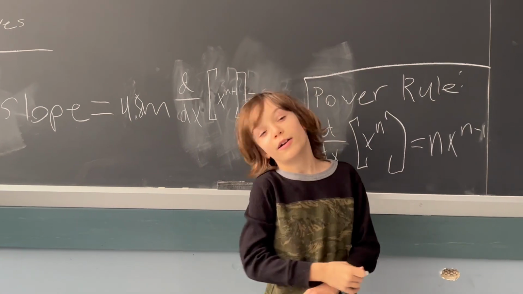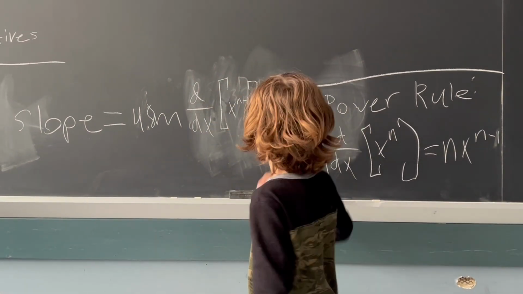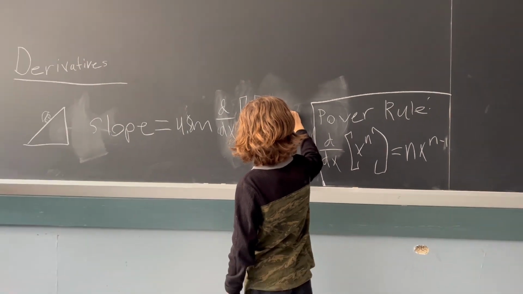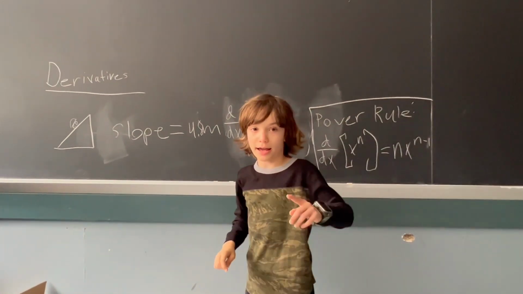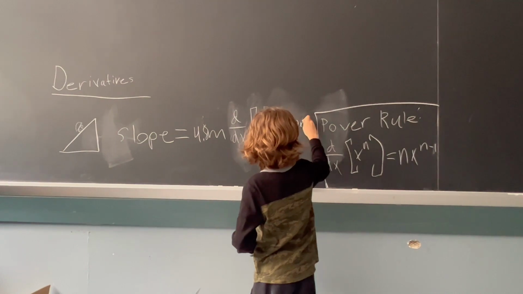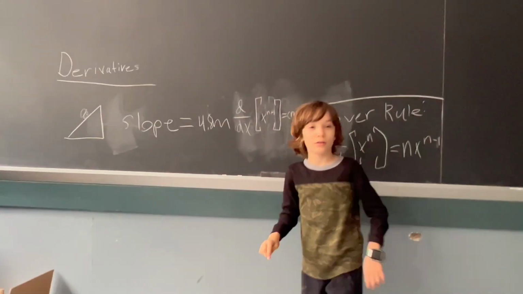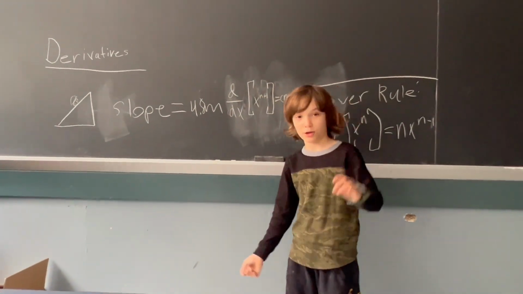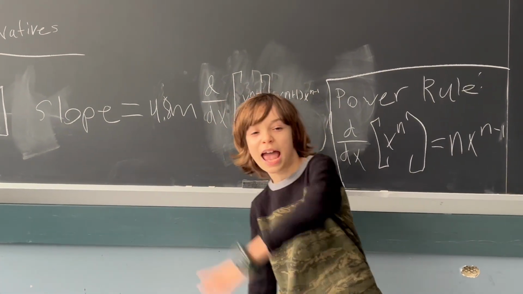First, of course, we have to find the exponent, which is n plus 1. So it's equal to parentheses n plus 1, multiplied by x to the power of n minus 1. Wait a second. Is it n minus 1 or just n? Because plus 1 minus 1 is equal to 0, and plus 0 is just n.